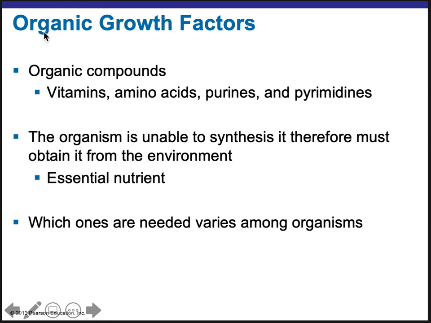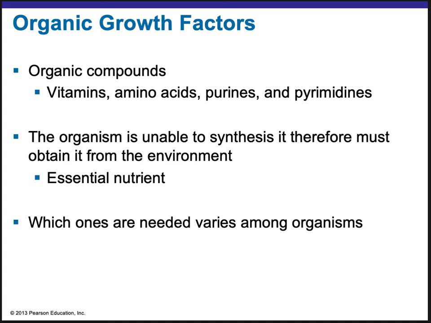And then an organic compound is just one of these molecules that is carbon-based, with a carbon backbone, and we call it an organic growth factor when it's essential. I don't know why they don't just call it essential, but we want to specify that it's organic. Okay, so the organism is unable to synthesize some particular nutrient, and it'd be called an organic growth factor in that case. Each type of organism has its own requirement, meaning it can synthesize different things.